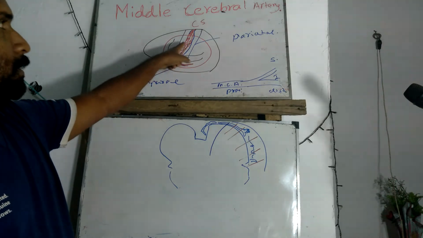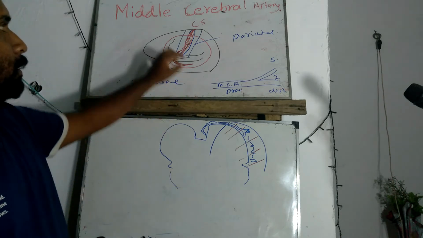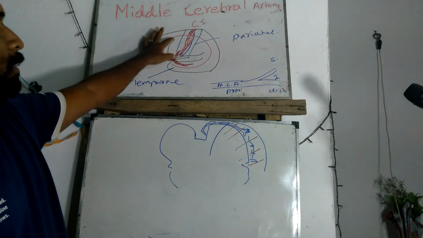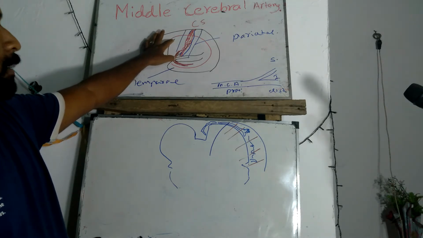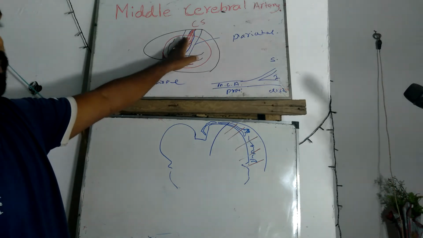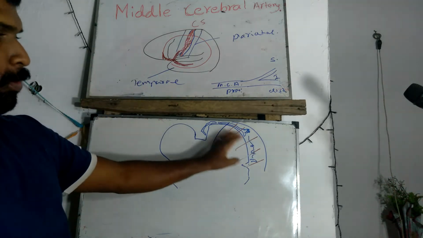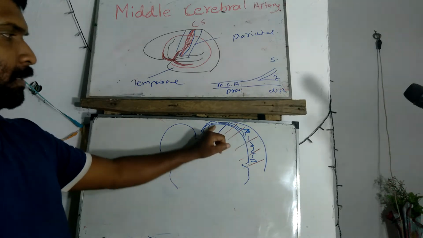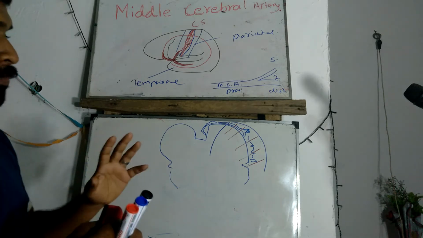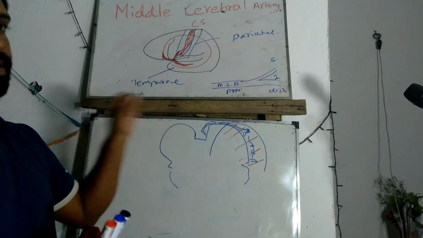Central sulcus, primary motor area, most anteriorly, premotor area, and posteriorly sensory, the somatosensory area. The sensory area is also the same diagram. The contralateral affected leg area sensory, some form of sensory, the leg is not lost.